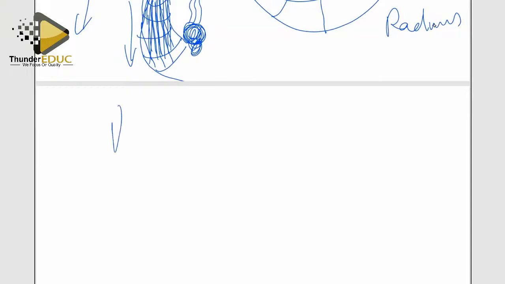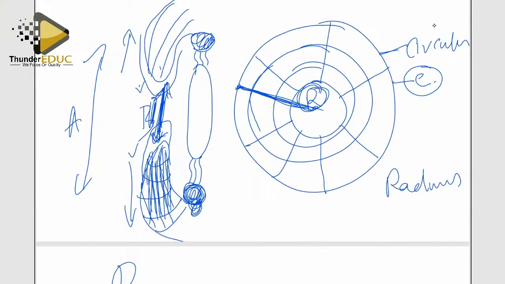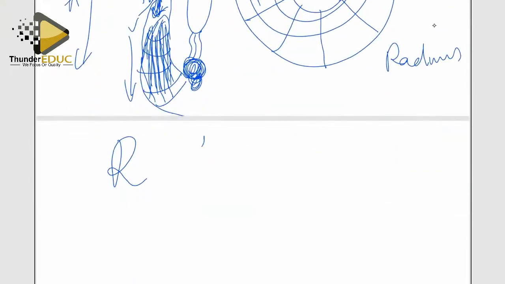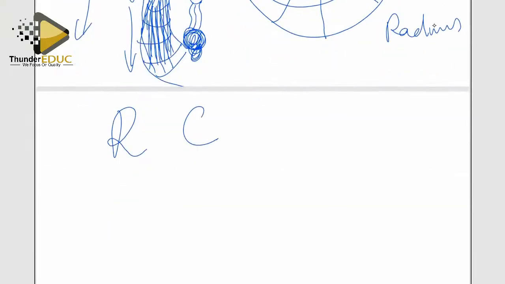So we have the letters: R, which is the radial muscles, and C, which means circular muscles. We have another letter R, which we call relax, and another letter C, which we call contract. So when don't I mix things up?